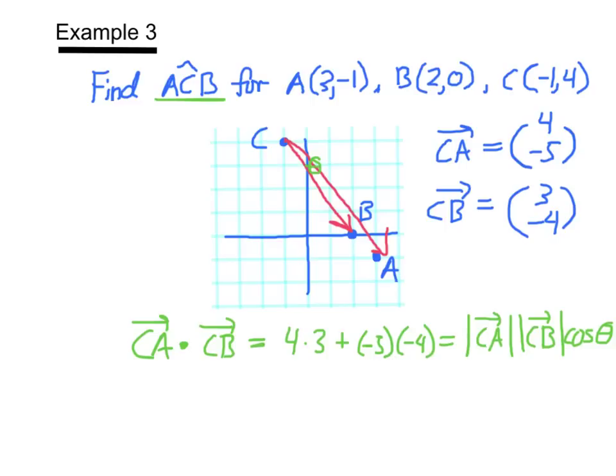So I've got the left-hand side of this equation pretty well set, and I can start filling in the right-hand side. So I'm going to have 12 plus 20, and now I need the magnitude of vector CA, which is the x component squared, 4 squared, plus the y component squared, and we take the square root of that. Do a similar thing for vector CB.